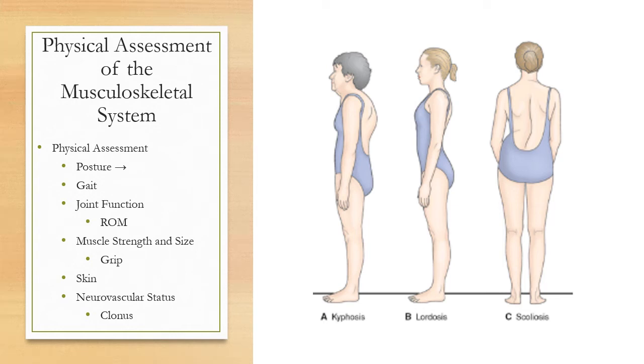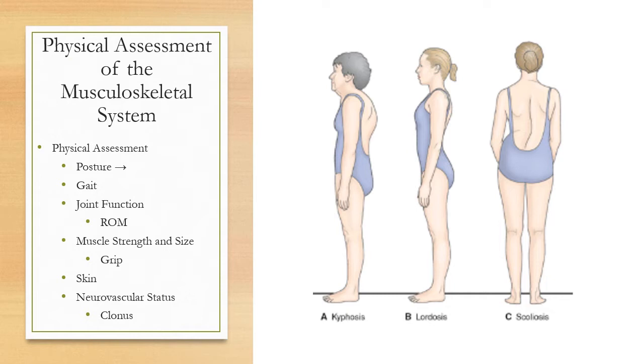Okay, so we're going to move on to osteoporosis on the next slide. But let's just look at these different postures. Whenever we're doing a physical assessment of the musculoskeletal system, it's always important to see someone's posture, right? So kyphosis is that rounded thoracic spine, and it's from compression fractures of the thoracic vertebra, right?